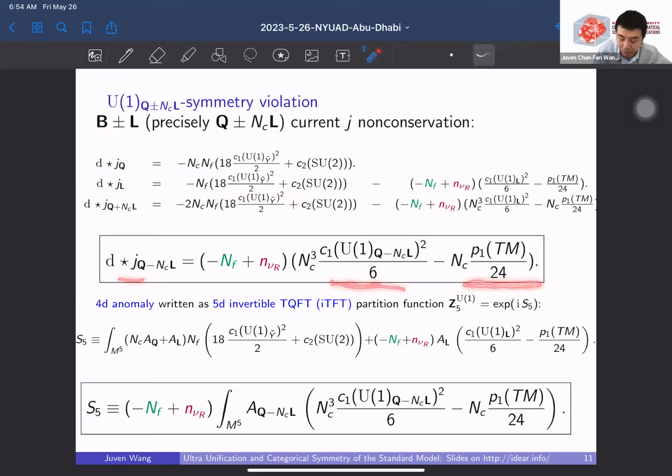Okay, so this is exactly the tool the Feynman graph captures for the non-conservation of this B-SL like current, and the precise non-conservation is exactly related to this index of the family and the right-handed neutrino number difference. Okay, and we can write this 4D anomaly as a 6D anomaly polynomial, as well as written as a 5D invertible topological field theory. So this will be the 5D term.